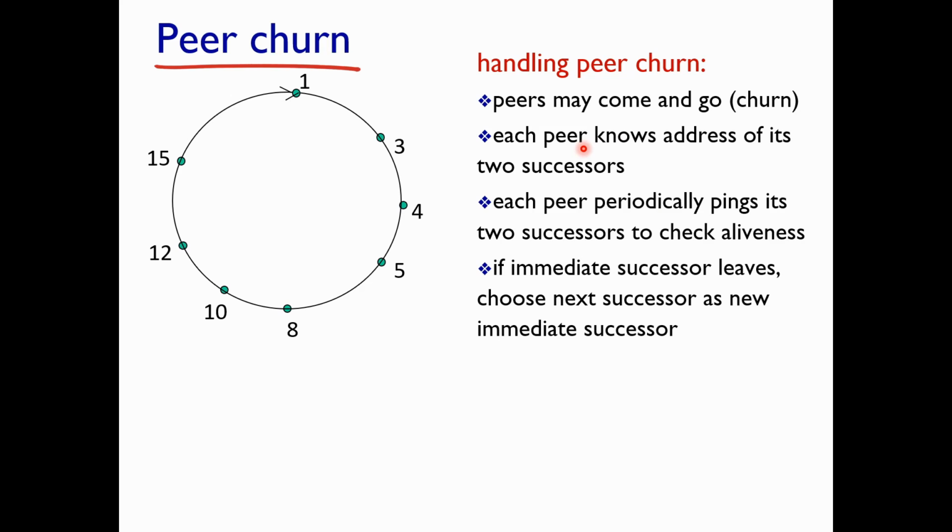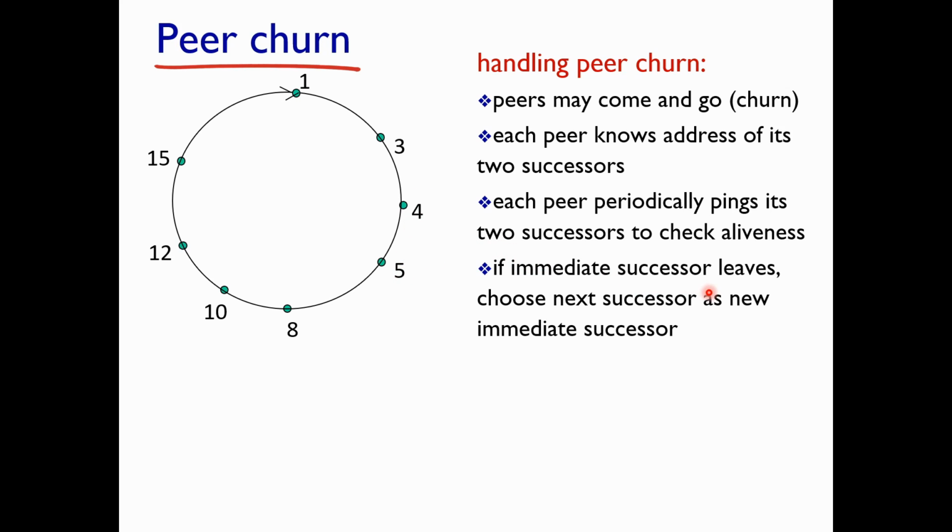So basically each peer knows the address of its 2 successors. This is mainly to handle the peer churn. If you consider the node 3, it will have the address of the node 4 as well as the node 5. Each peer periodically pings its 2 successors to check the aliveness.